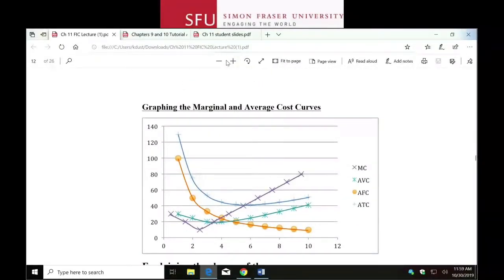So in your notes, you just have the dots. If you want to draw the lines like I did there, then it will make it more clear.